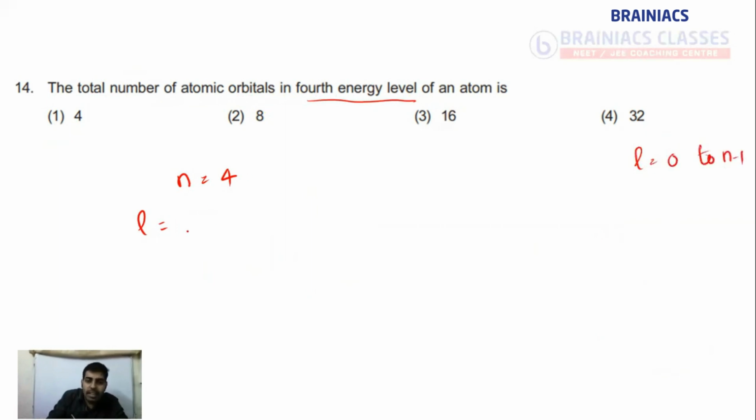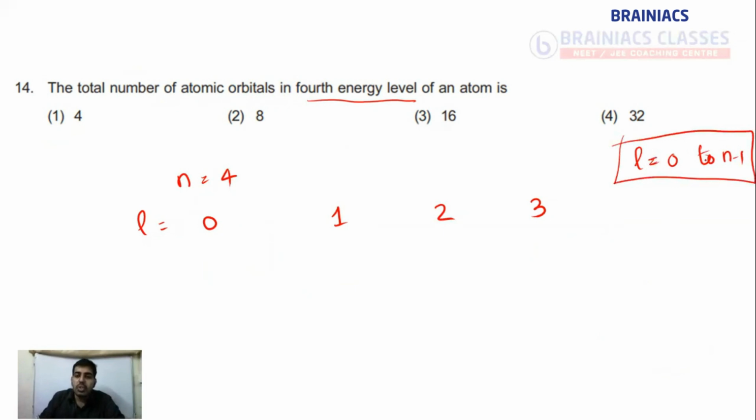So n value 4 means L can have values 0, 1, 2, 3, that is, 0 to 3.